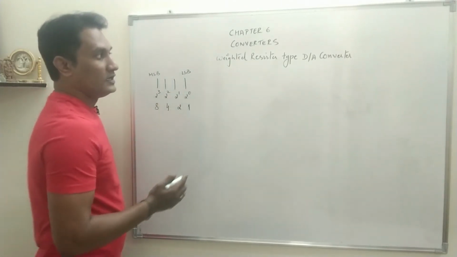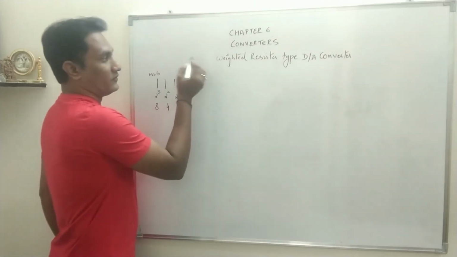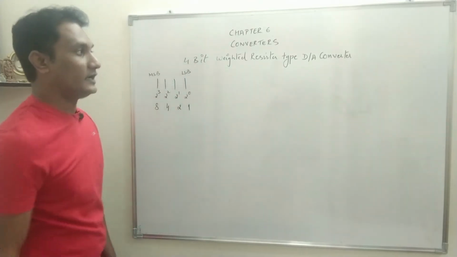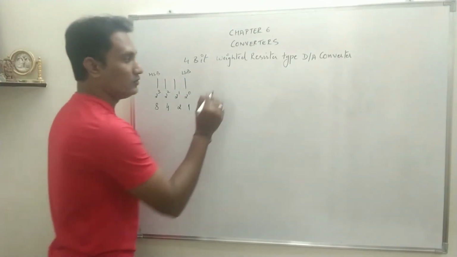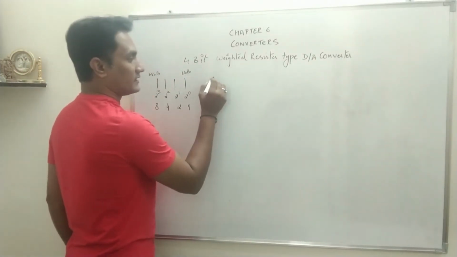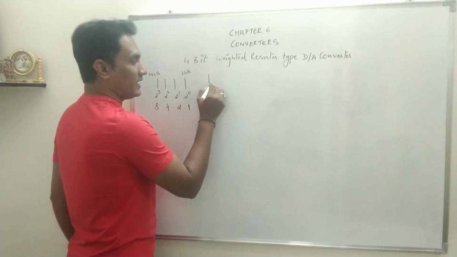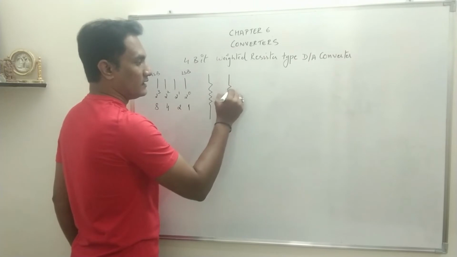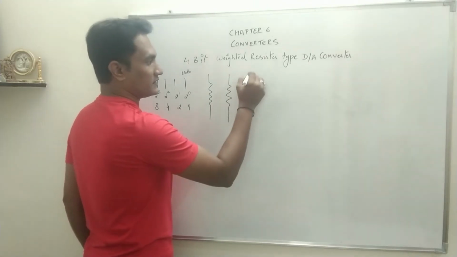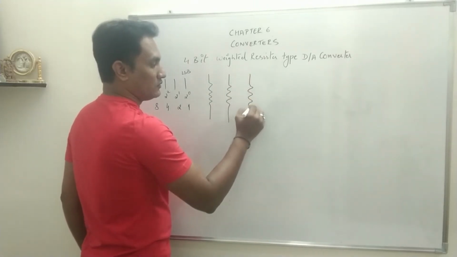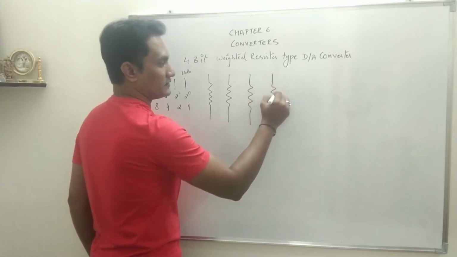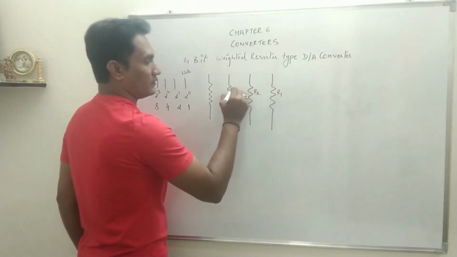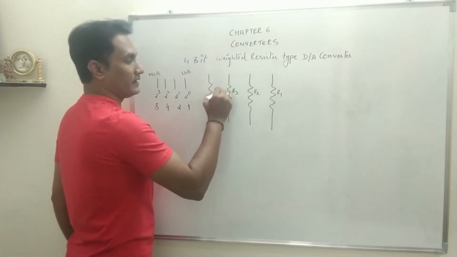Now we will design a 4-bit weighted resistor type D2A converter. In the circuit diagram, I want 4 resistances, say R1, R2, R3 and R4.